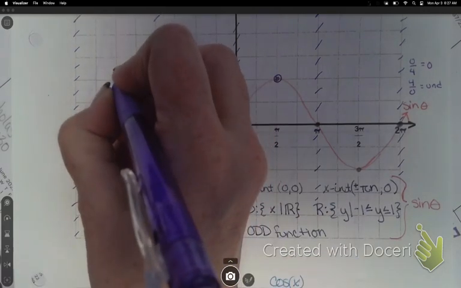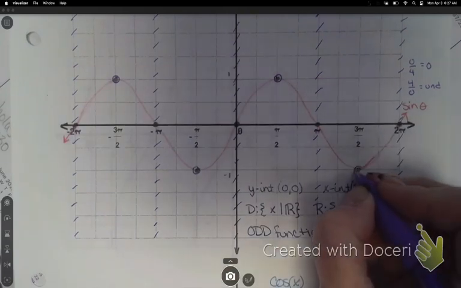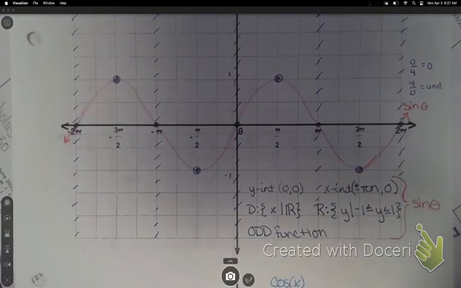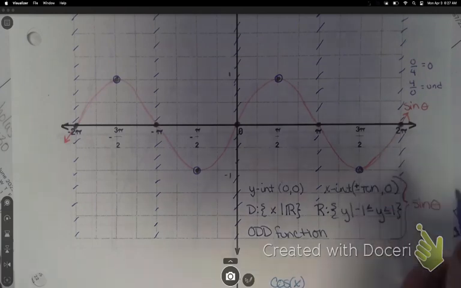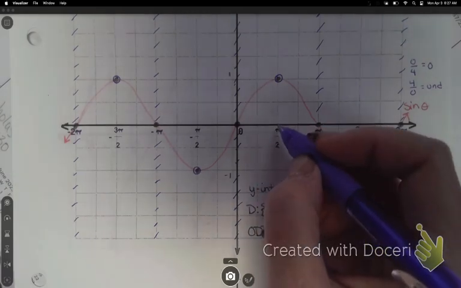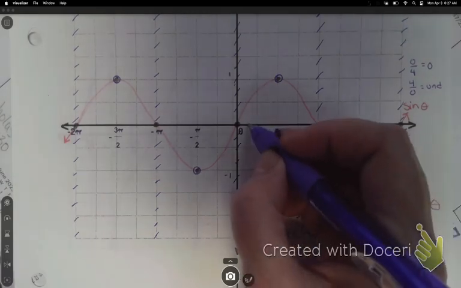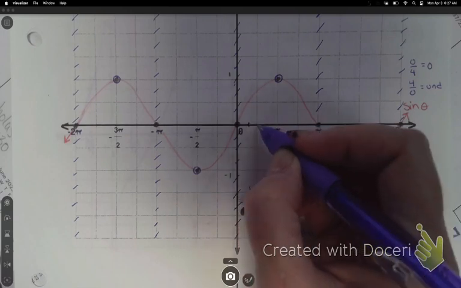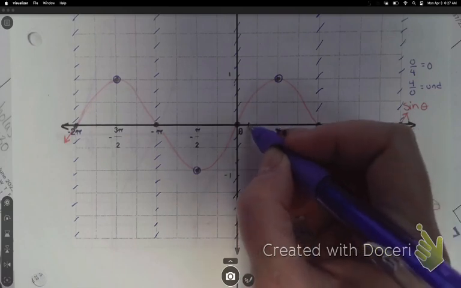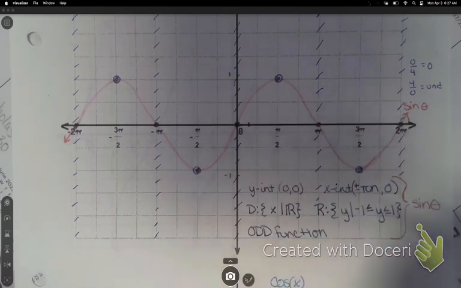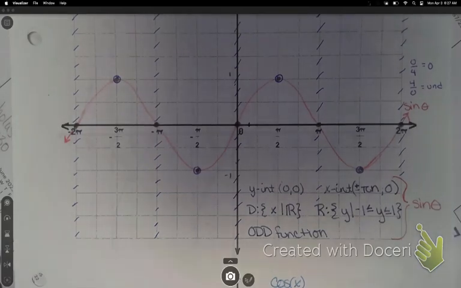So all of these are here, right? We talked about pi over 6, which would be right here, because this would be pi over 4, so this would be pi over 6. The sine of pi over 6, which is 30 degrees, is 1/2. So what's the reciprocal of 1/2? 2.